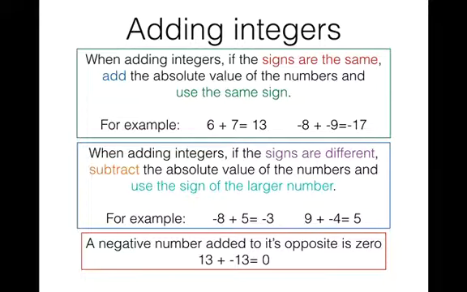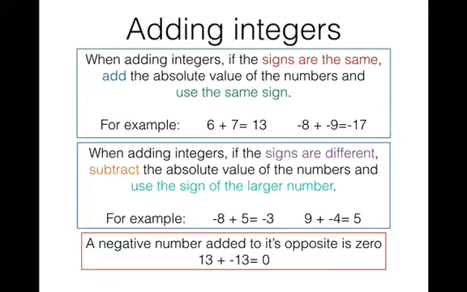You subtract the two values, which would be 3, and then it's negative 3 because 8 is the larger value. Just like 9 plus a negative 4, you would subtract the 4 from 9, and the answer would be 5, and it would be a positive 5 because the 9 is the larger of the two numbers.